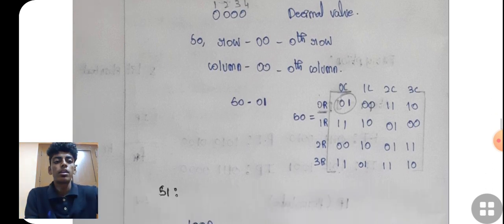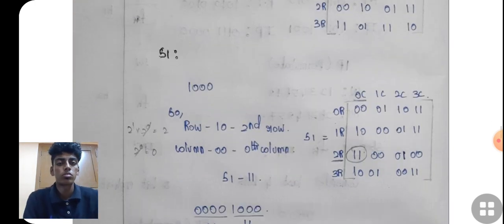I already said in the PPT about the S0 matrix and S1 matrix; that S0 matrix we can take here. That matrix is used to calculate the S0 value. So 0th row 0th column is 0 1. So S0 is 0 1, and with the same process for S1 we find S1 equal to 11.